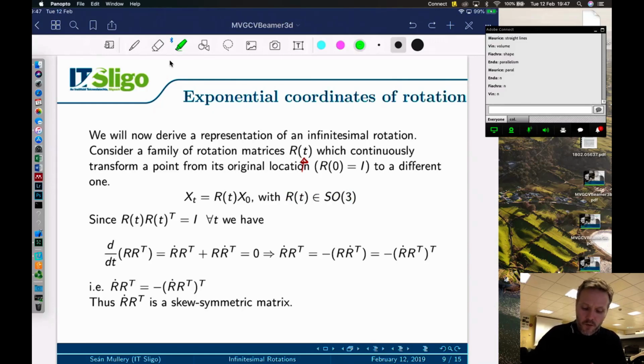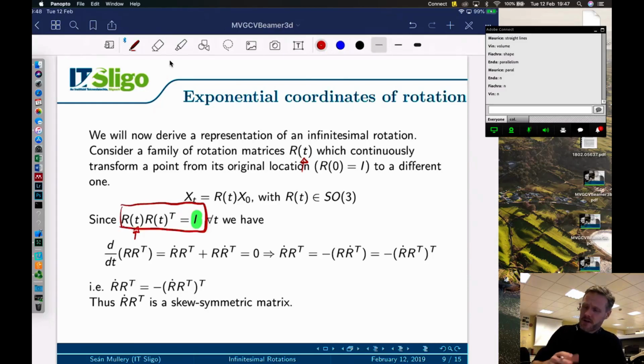Now, we know that the rotation, no matter where it is in that rotation, if I multiply it by its own transpose, I get the identity. So no matter what my change in T is, what value T is, it doesn't matter. T is a variable, but it doesn't matter what it changes to. This will always be true.